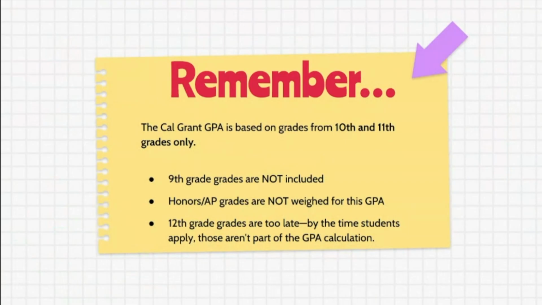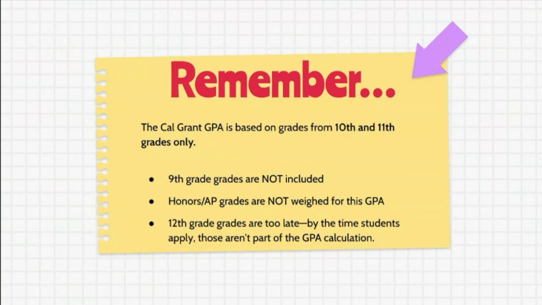So that means that if junior and sophomore year you're just getting by, getting C's and B's, that may mean that you are taking a hit in your Cal Grant GPA. Although yes, you're getting a weighted grade for your UC Cal State GPA, that is not going to reflect on your Cal Grant GPA. So keep that in mind.